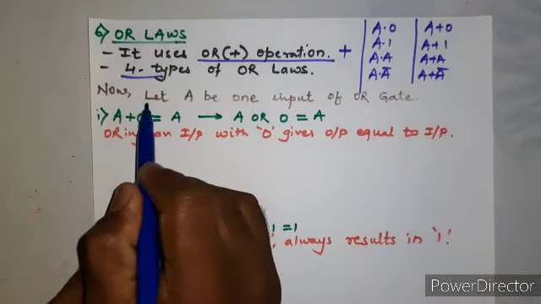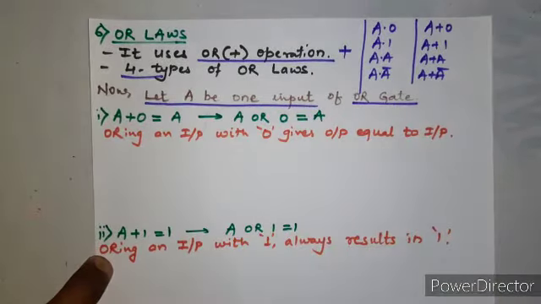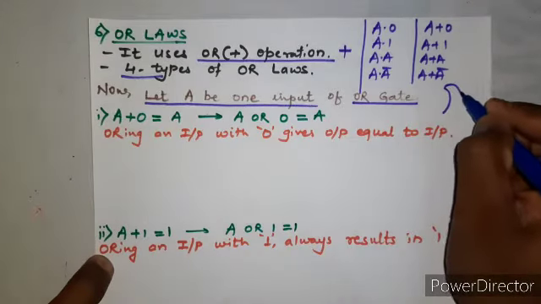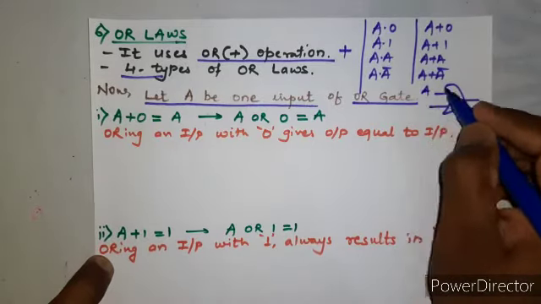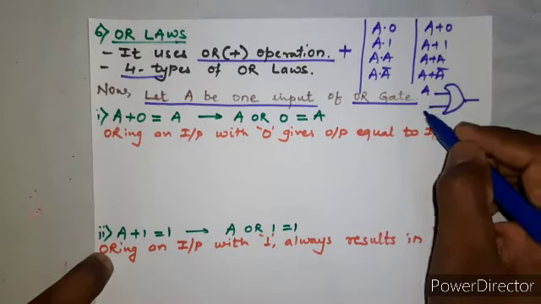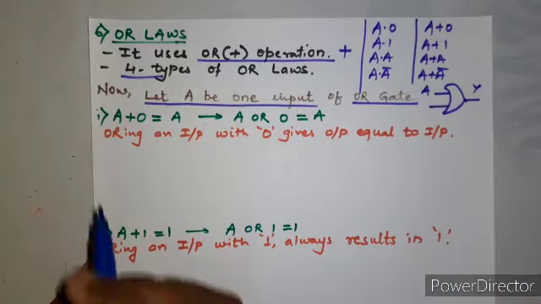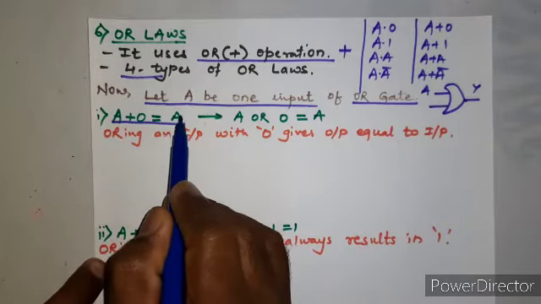Again let us consider A to be one of the inputs of an OR gate, and another input is Y. So first, A plus 0 will give you A.